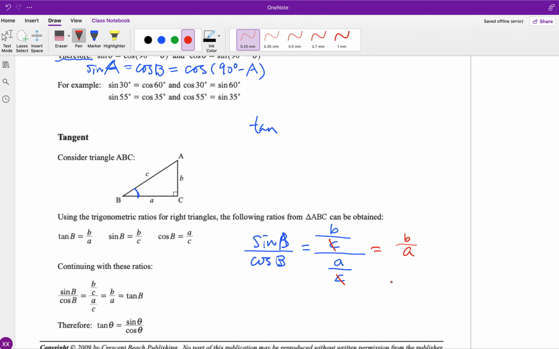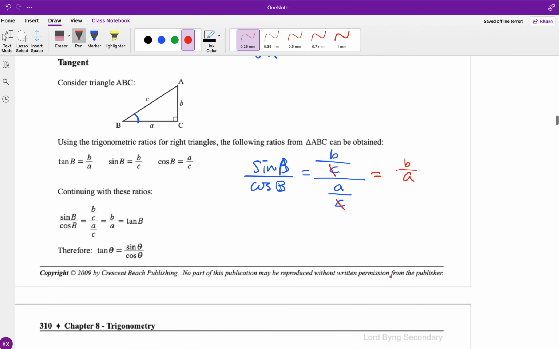And if you say, oh, hold on for a second, is that true? Well, we can do it this way: b over c divided by a over c. Then that is b over c multiplied by c over a. Same thing, cancel, and that becomes b over a. Now what is b over a?